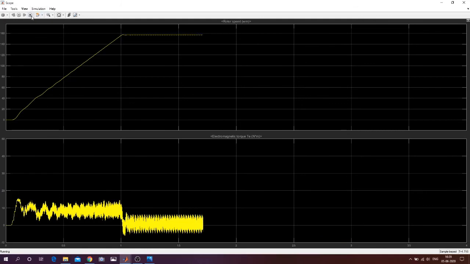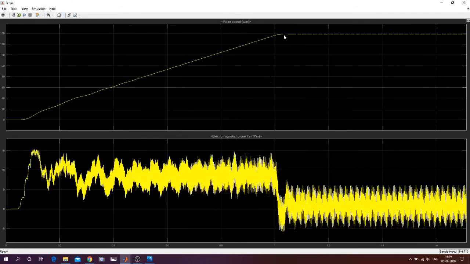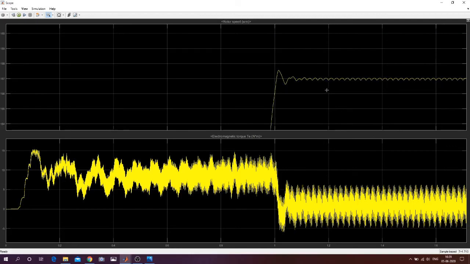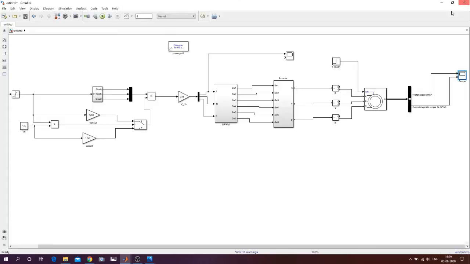You can see that the speed increases with our given input, and the speed is nearly 157. It is nearly 157 because at no load it will go up to 157 at 50 Hz frequency.